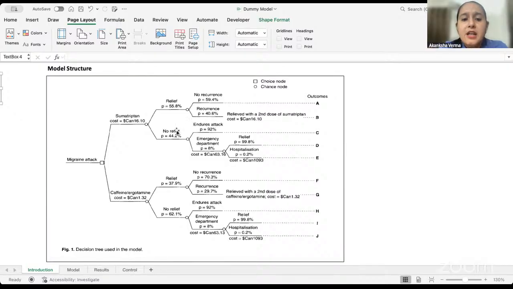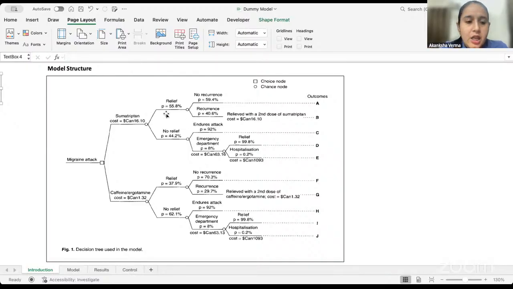Then if there is no relief at all, they endure the attack, or they can go to the emergency department for further treatment. If they go to the emergency department, either they are getting better or they remain hospitalized. So this was the general approach observed in patients with migraine attack.